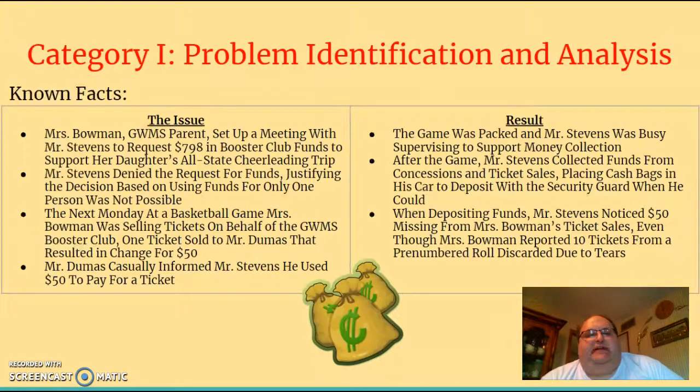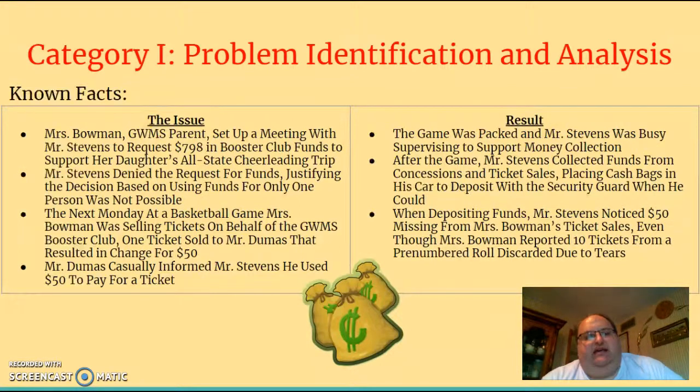So the next Monday, a basketball game occurred, and Mrs. Bowman was running one of the ticket booths. As a result, there was another adult that came into play named Mr. Dumas, another spectator at the basketball game.